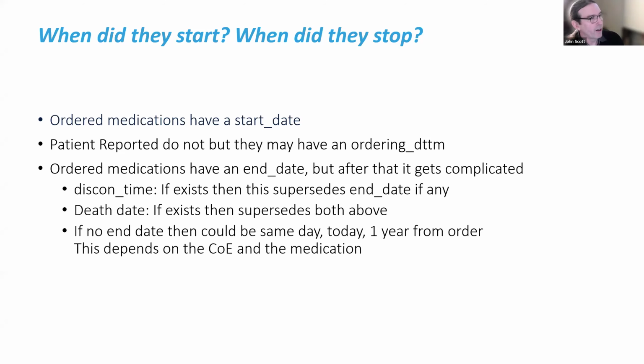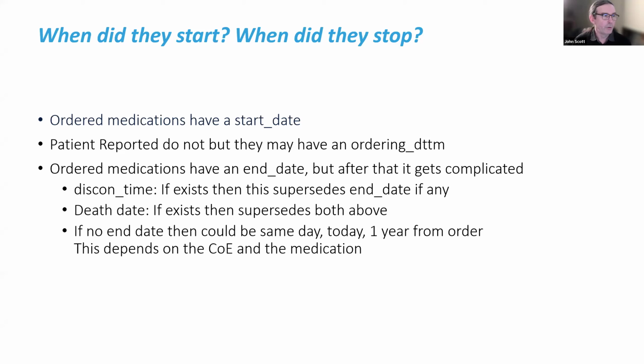Okay, so again, just on what I said there, the order medications have a start date, patient-reported ones don't, and we use discontinue time over end date, and we are discussing whether to use death time over discontinue time if available. I know that the kidney COE has their own process for identifying medications, and their logic is a little different than this.